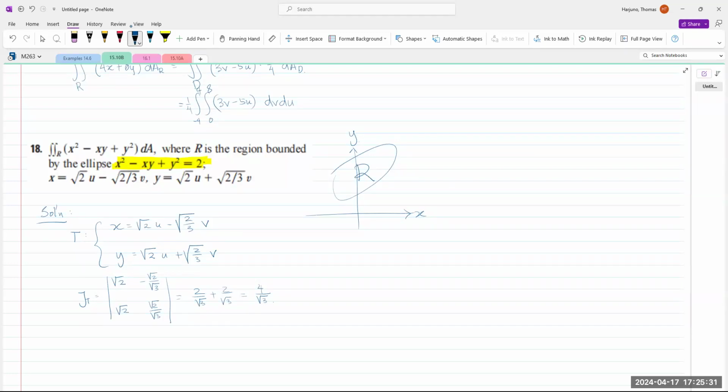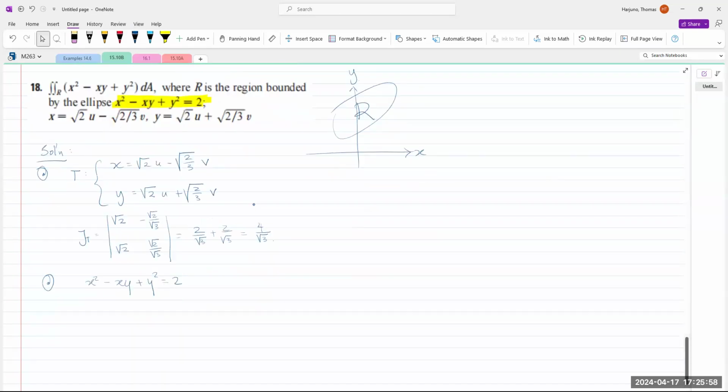Now then, what happened to the domain? The ellipse R. Should I just substitute them? So this is the Jacobian, right? That's one part. And then what happened to the domain D? x squared minus xy plus y squared equals 2.